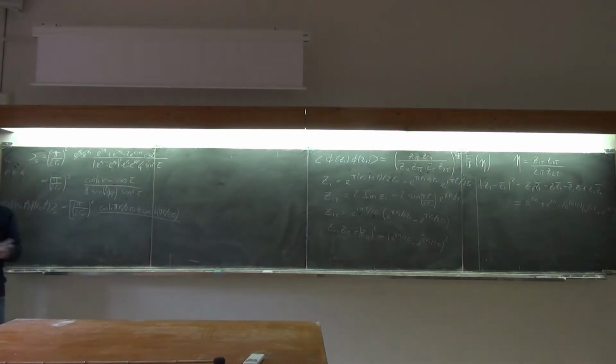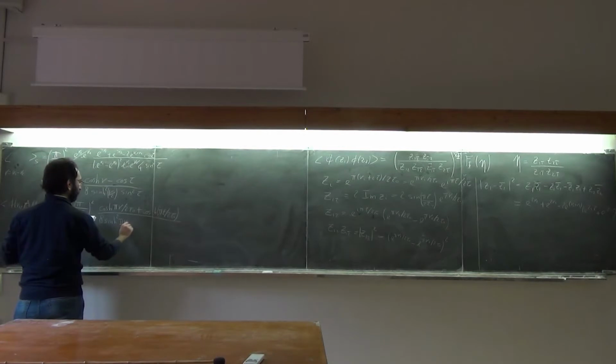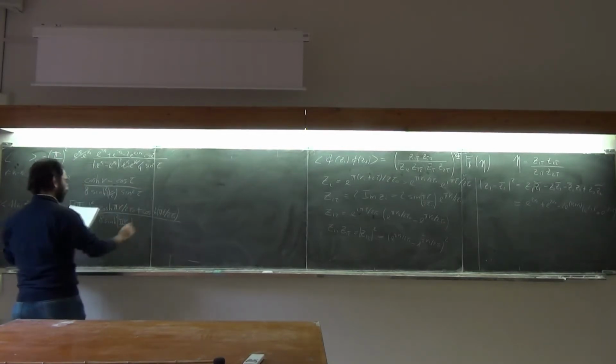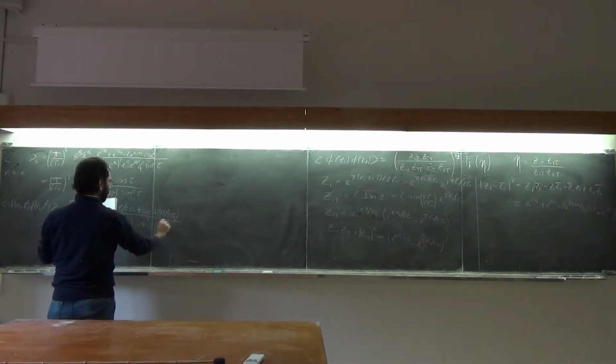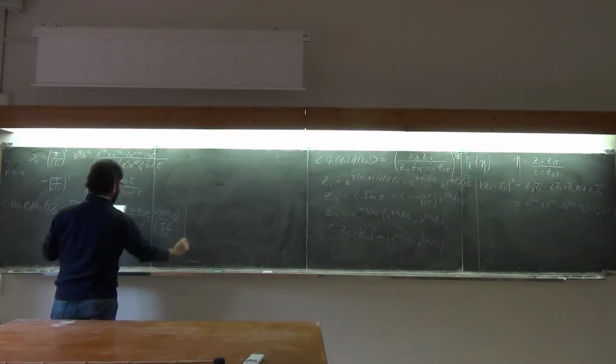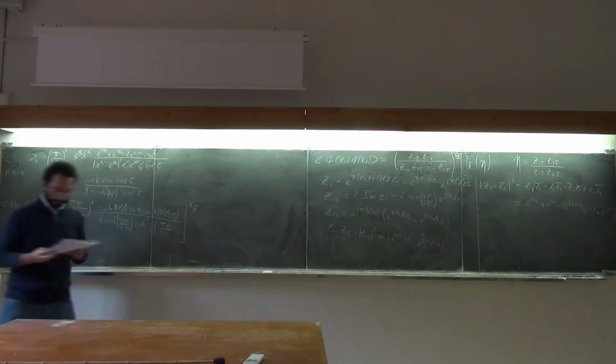Again, everything is real and positive as it should. Sinh square pi r divided q tau naught, cosh square pi t divided by tau naught to the power x pi.